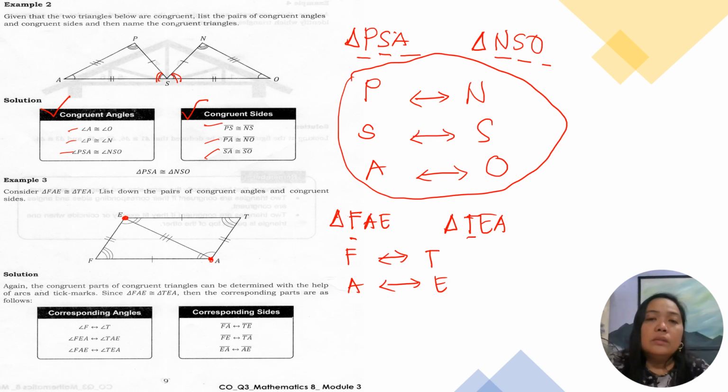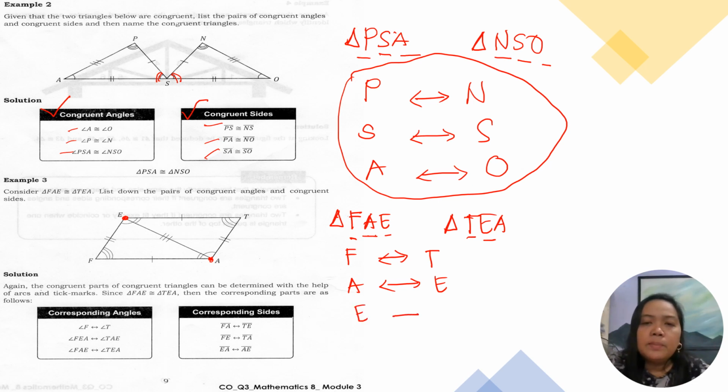Now, your vertex A corresponds to vertex E, while your vertex E of triangle FAE corresponds to vertex A of triangle TEA.